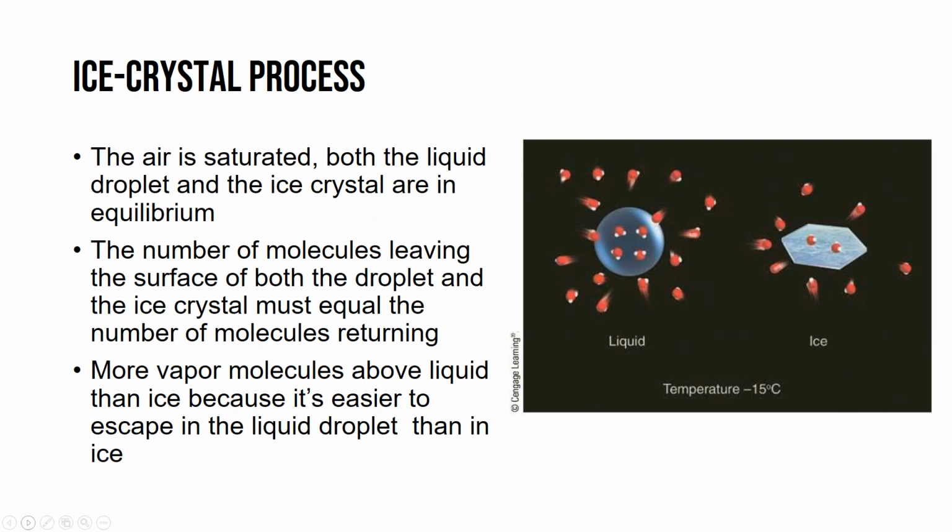Again, there are more vapor molecules above liquid than ice, as you can see, because it's easier to escape from the liquid droplet than from ice. Remember that ice is solid, so it's really very difficult for molecules to leave the surface of ice as compared to molecules leaving the surface of liquid water.